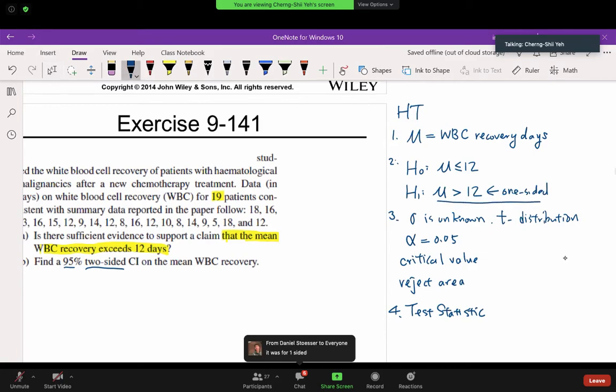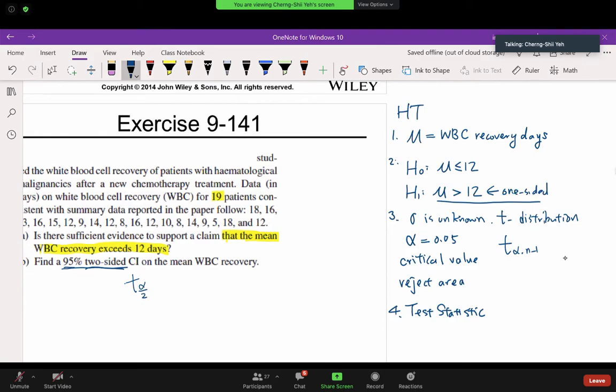So our t critical value is exactly t alpha, n minus 1. But with a two-sided, our t statistic is alpha over 2.